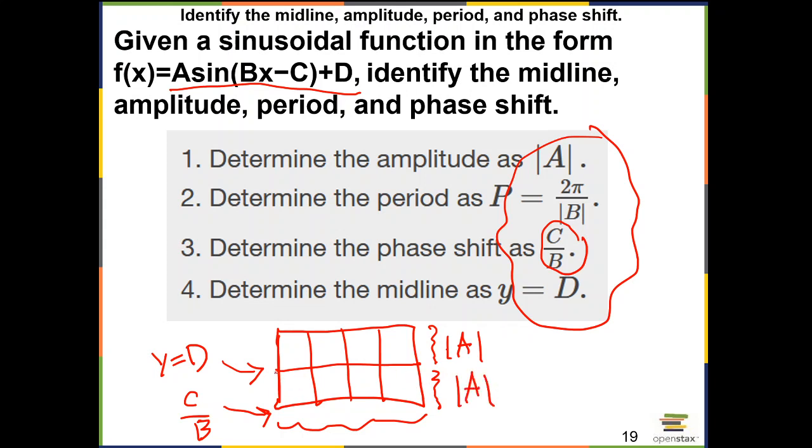And these points right here, these points that we're going to have, depend on whether it's sine or cosine. The regular sine is going to look like this, right? It's going to have a hill and a valley. If it's a regular cosine, it's going to look like this.